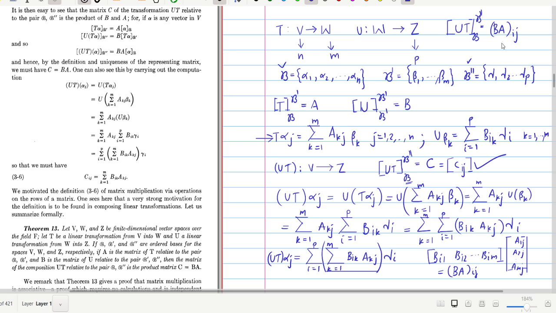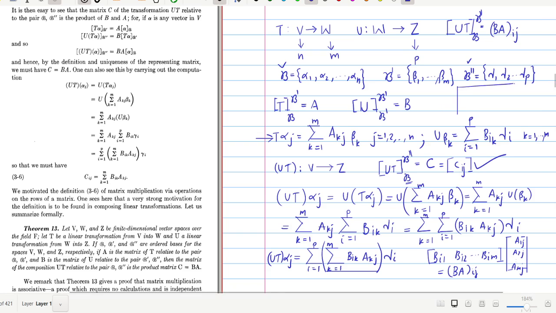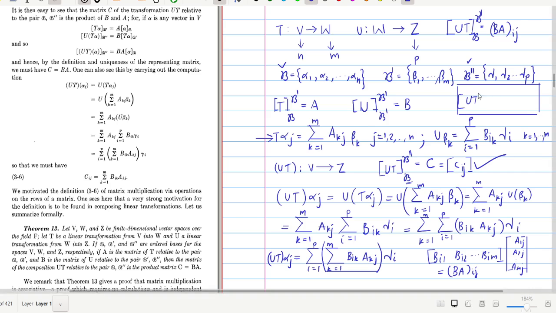So the matrix of ut relative to the bases B and B double prime is nothing but the matrix BA.